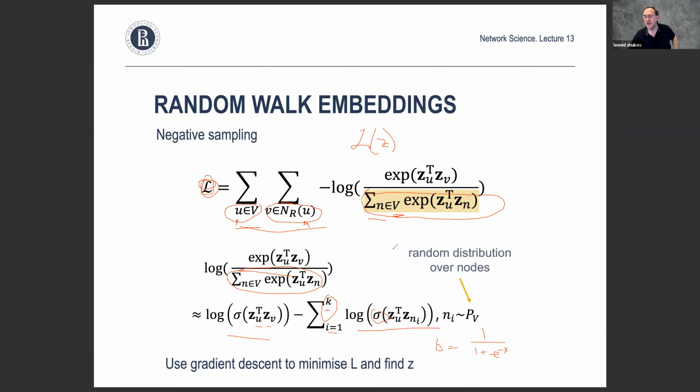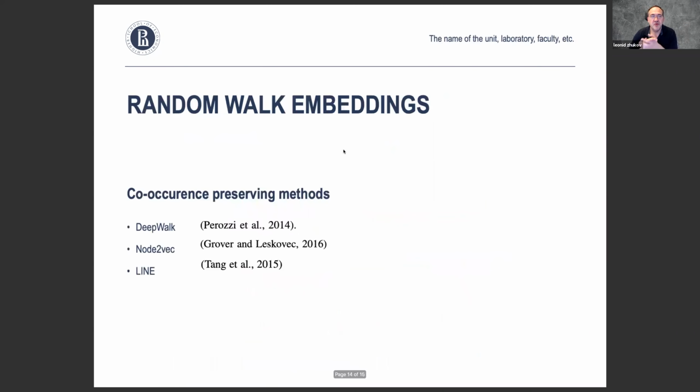Since this is quite large and we want to have a stable solution, typically we use stochastic gradient descent to do this.